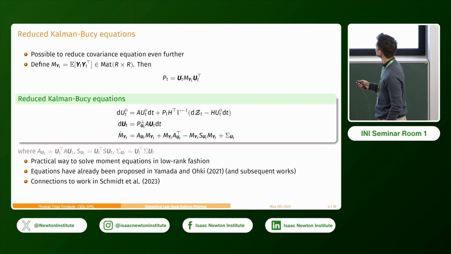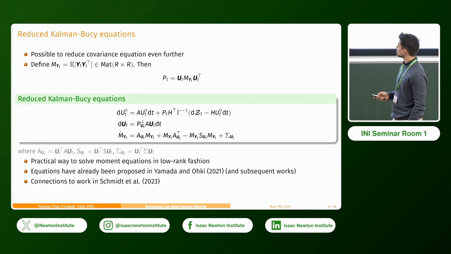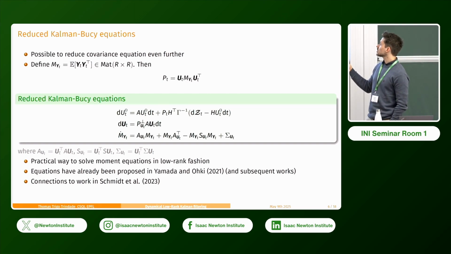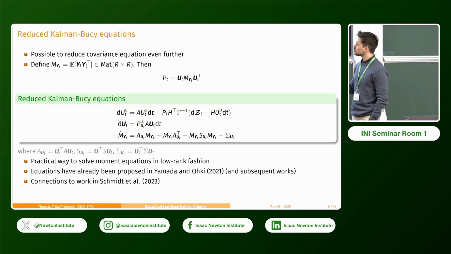The story actually goes even a bit further, because you can make more computational savings by realizing that the covariance itself has a low rank structure. So in essence, you can define this low rank Gram matrix here, which I call M, and then all you need to do is to solve for this time-dependent Riccati equation.